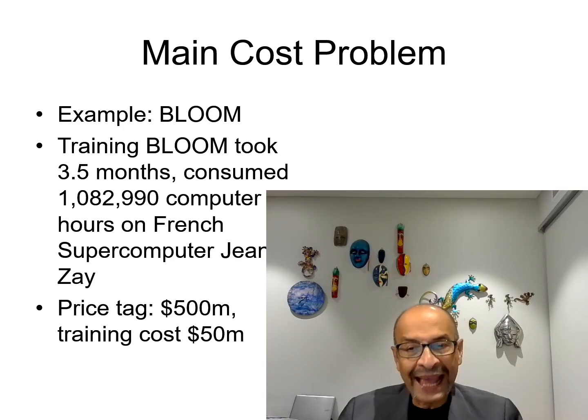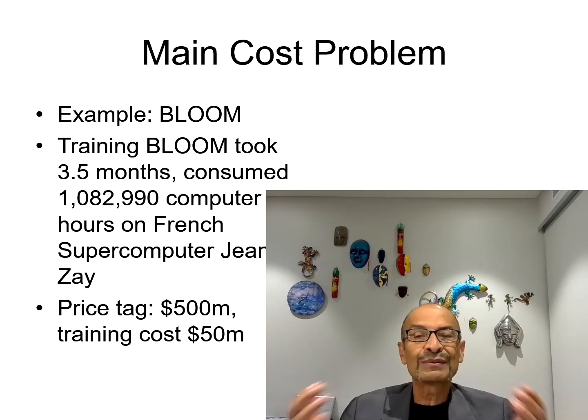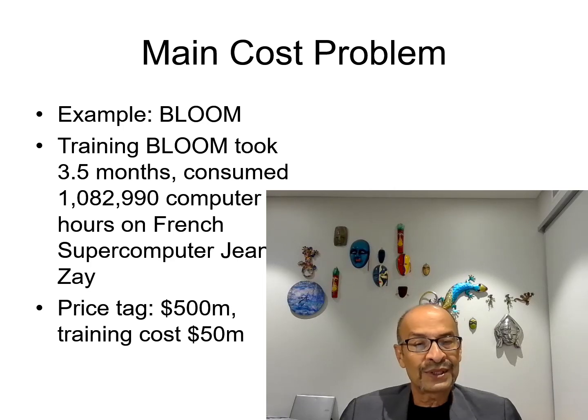Now, technically, it didn't have to spend all that money because most of the time that was used for developing this model was done by volunteers. Most of them are big names. If they had charged at a commercial rate, it would have cost in the neighborhood of $50 million.